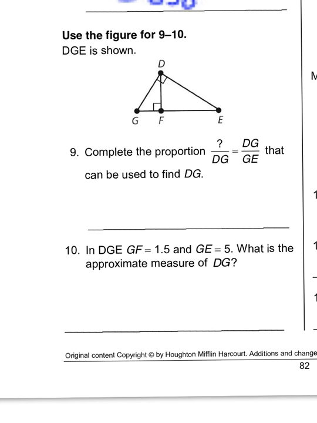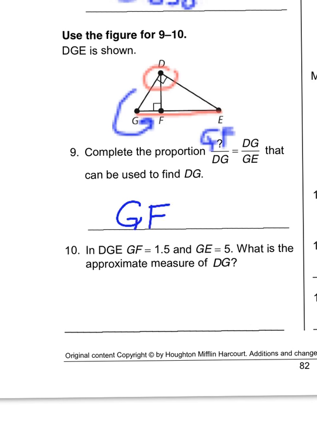On problem number 9, the main triangle has a right angle at D, and that would mean that this red section here would be my extremes. So the side that's closest to DG would be GF, so that's one of my extremes. So the other extreme would be the whole entire side, the red side, which is GE, and they already have that. So the answer to this problem is GF.